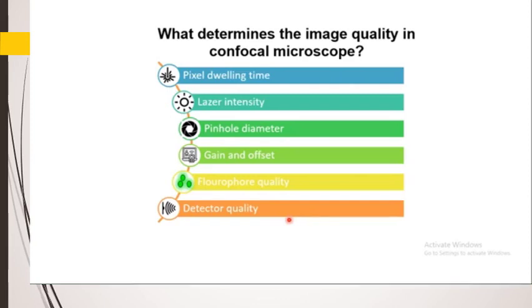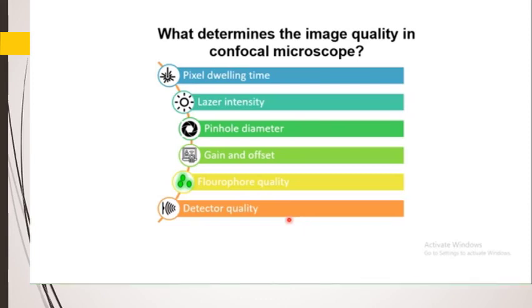Also gain and offset are important determinants of image quality, because I have already shown you with examples that if you don't adjust gain and offset properly, the image looks horrible. And other than that, the fluorophore is the most important thing. If the staining or the fluorophore quality is not good, or say the fluorophore is bleached, then you are never going to get a good image in confocal microscopy.